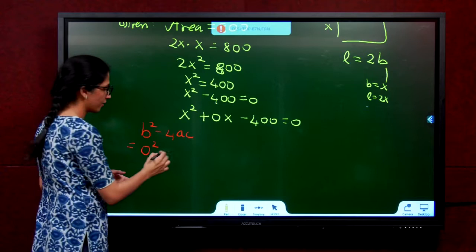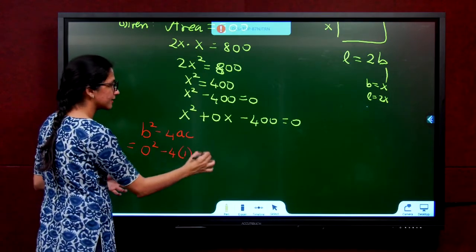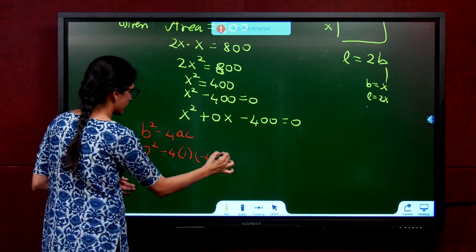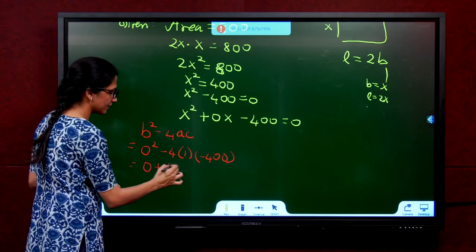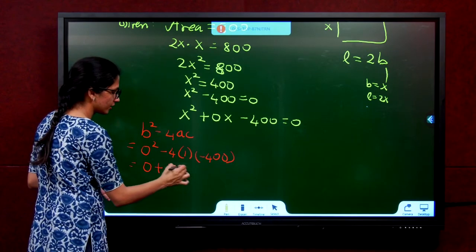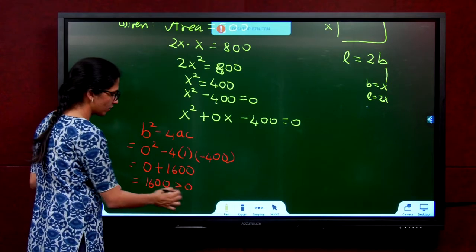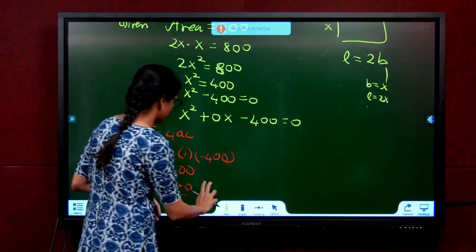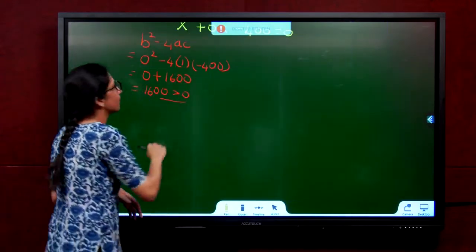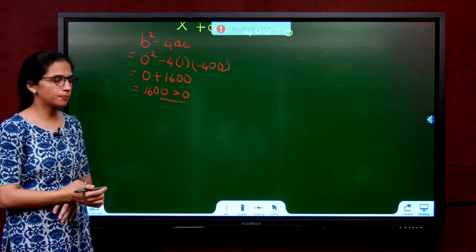To check whether the condition is possible or not. 0 square minus 4 into a 1, c minus 400. 0 square is 0, minus into minus is plus, 4 into 400 is 1600. 1600 is greater than 0. Roots exist. That means this condition is possible. So you can write down, since b square minus 4ac is greater than 0, roots exist and this condition is possible.